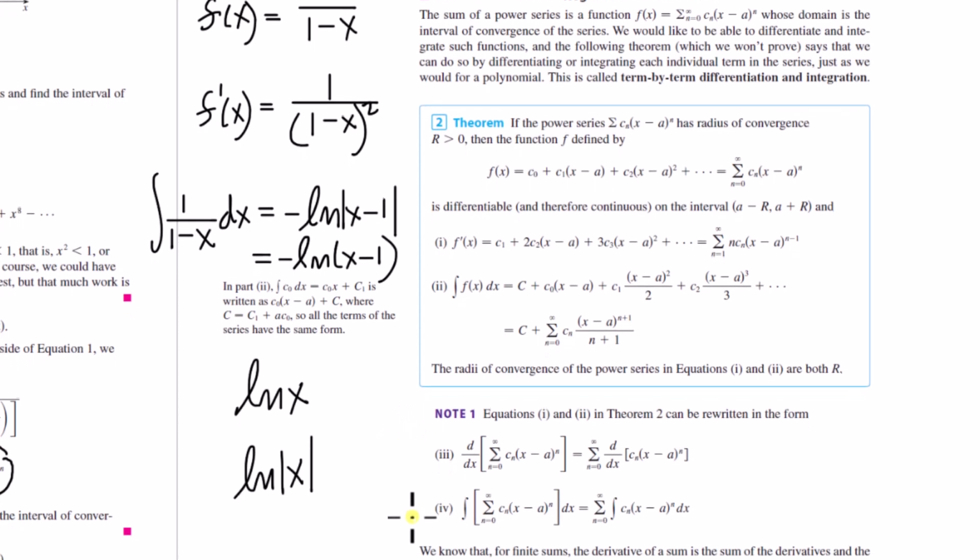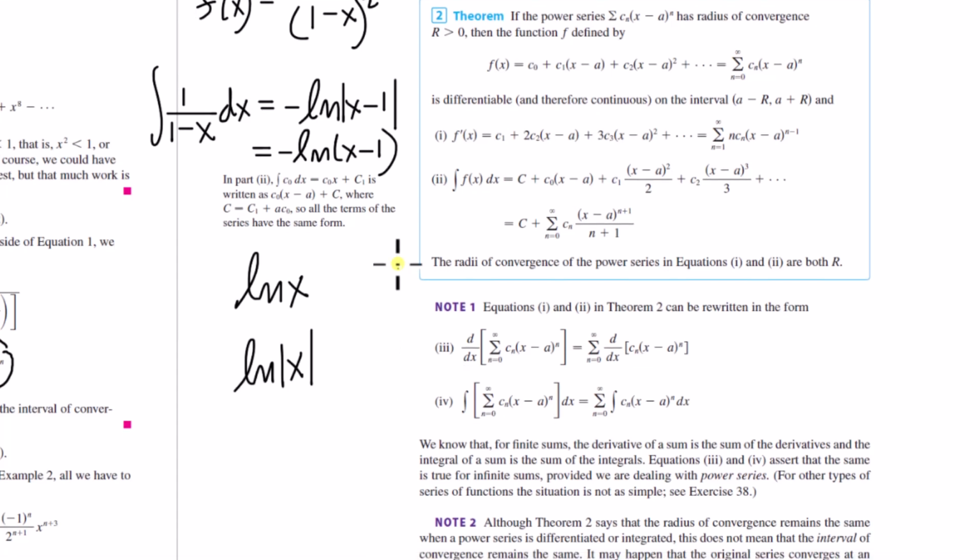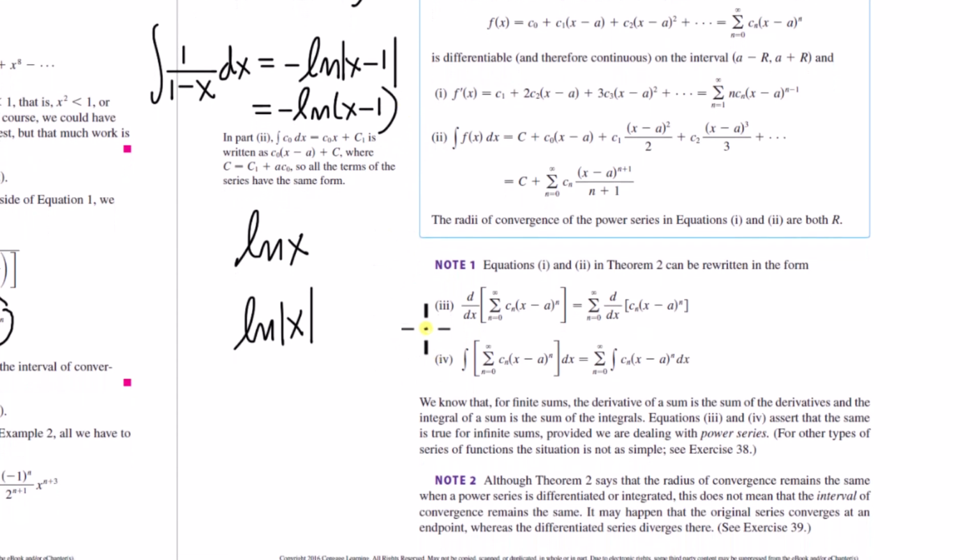Okay, now note that you can think about these two processes, these differentiation and integration processes, as term-by-term integration or differentiation, right? You're differentiating a power series. It's the exact same concept as you're bringing the differentiation operator into the sum, and you're differentiating each term or integrating each term.